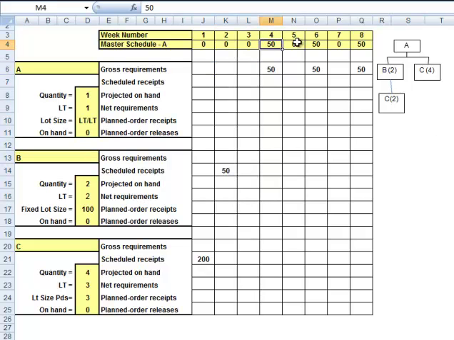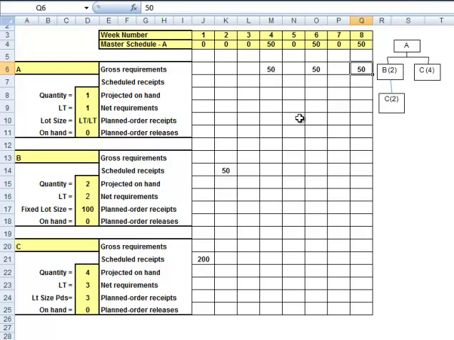So here's our master schedule. So we need 50 in time period 4, another 50 in time period 6, and finally a third 50 in time period 8. And so the gross requirements for part A are going to be exactly the same as the master schedule. So we're essentially just copying the master schedule data down to the gross requirements line.